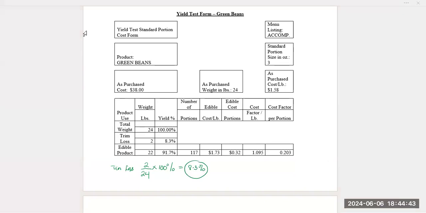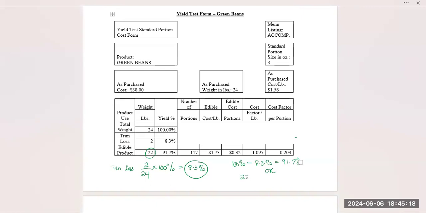So look at what is going to happen. To find the percentage now of my edible portion, I can do it one of 2 ways. I can say 100% minus the 8.3. I think Naomi was suggesting this method, and get 91.7%. Or I can do it just like what I did here.